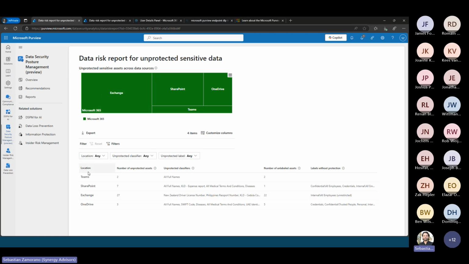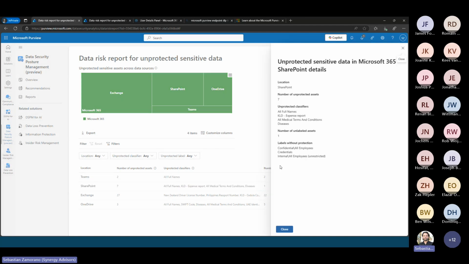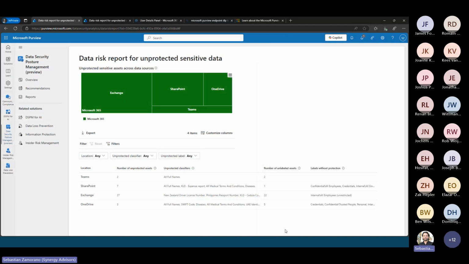that is something that we were asking the product group. I don't want to jump from here to another console to get the details. I want to have the details all in one console. Today, to show to some customers, that can be a pain and a headache, because the customer will say, okay, you are here and you said that you have 7 unprotected assets, why do I need to go to another console to get the same report?